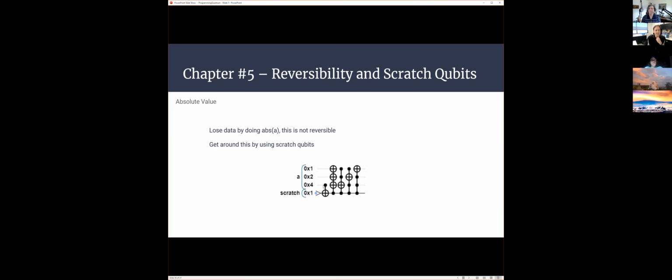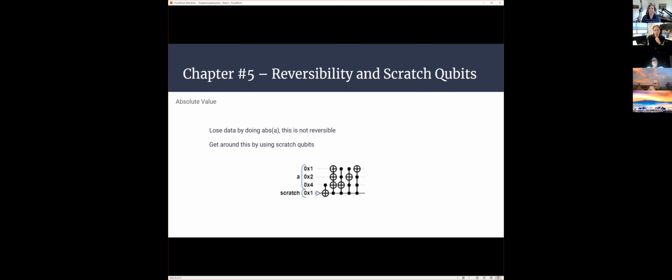And then he makes the distinction to say, now remember, to negate something, and this was several slides ago from our last session, in order to change something from a positive into a negative or a negative into a positive, you knot it and then you add 1. So this first operation they do is they knot everything based on that scratch qubit. If the highest order bit was high, if it was a 1, that means this is a negative number, so we're going to set our scratch qubit to 1.